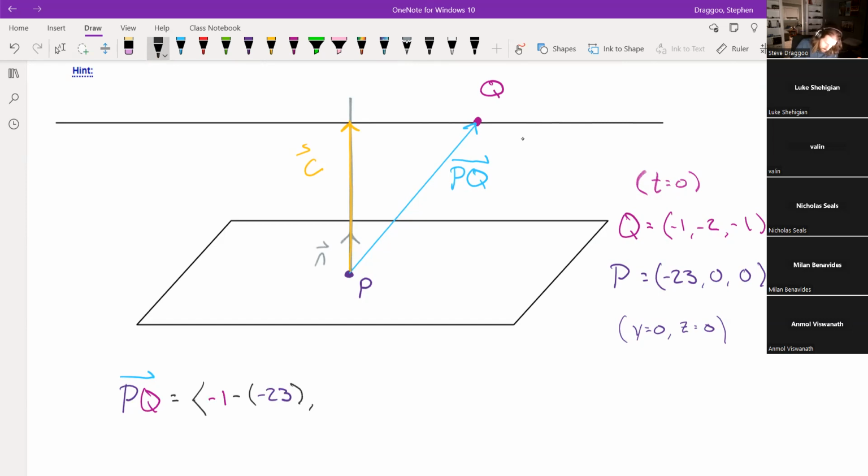Then for the y coordinate, Q is -2 minus P, so -0. And then -1 minus 0 again. That gets me to the vector 22, -2, -1, right? And then that math's not too bad. I just had to add 23 to the x coordinate of Q.